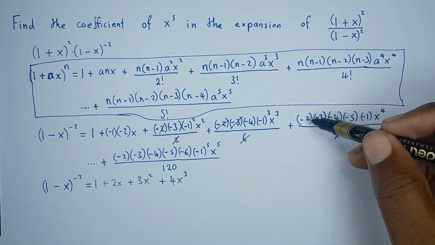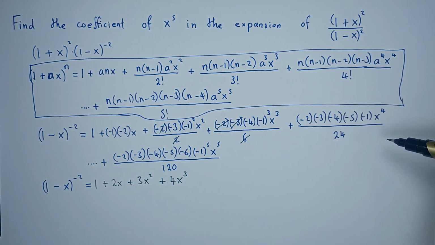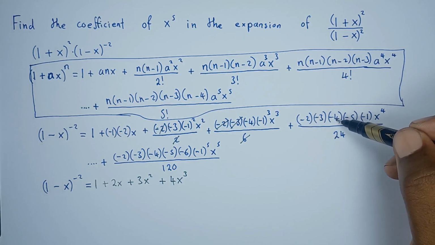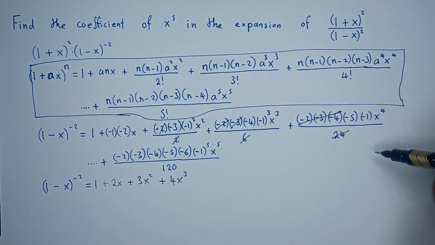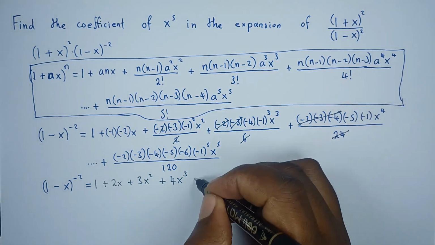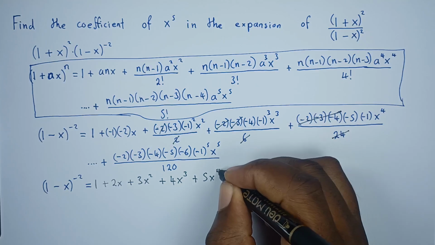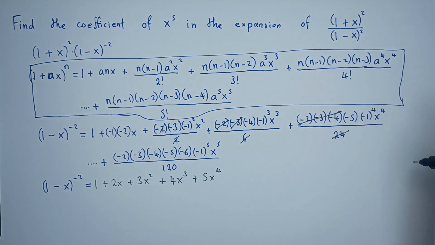First of all, these 4 negatives, 1, 2, 3, 4 negatives, will give us a positive. 2 times 3 is 6, 6 times 4 is 24. So this whole thing can just cancel with this 24. Hence, we just remain with 5x to the power 4. This is supposed to be power 4. I forgot about the 4 there. So -1 to the power 4 is just 1. So we have that. We come here.